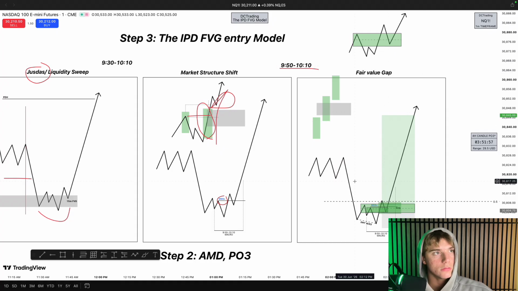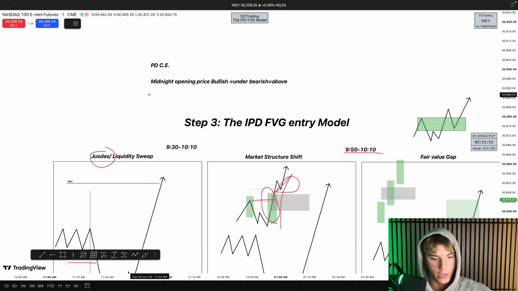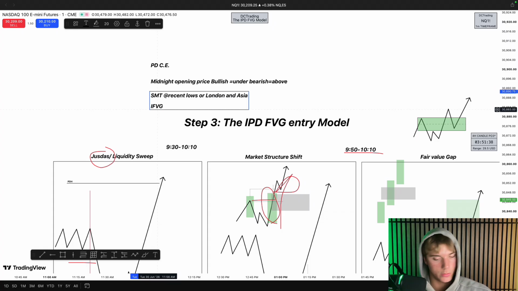So now that you have all 3, right, we're going to have SMT at recent lows or London and Asia. You're going to have inversion fair value gap. And then you are also going to have your breaker block.